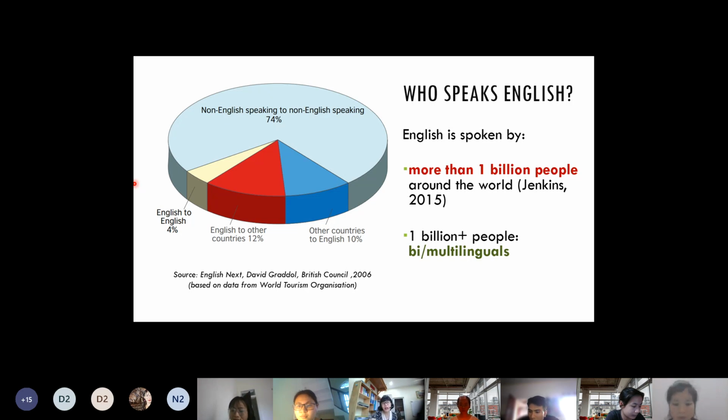In that case, English is a lingua franca. That's it. So non-native to non-native for most of the time. Okay, and we may feel very proud when we belong to 1/8 of the world who are bi or multilingual. Right. Now let's move on.